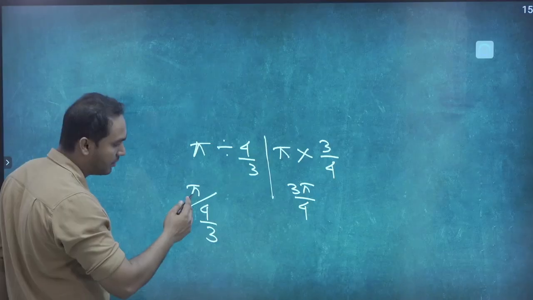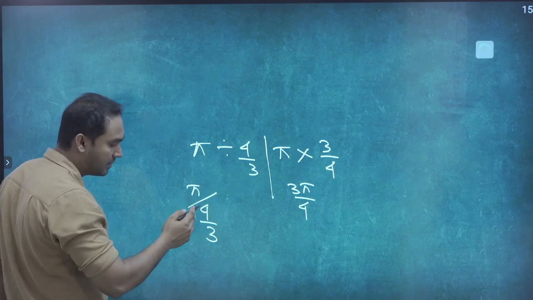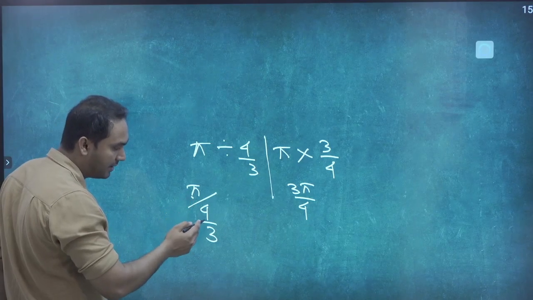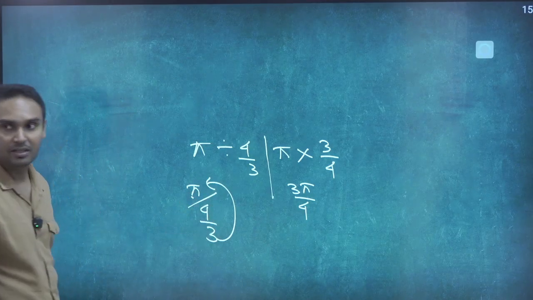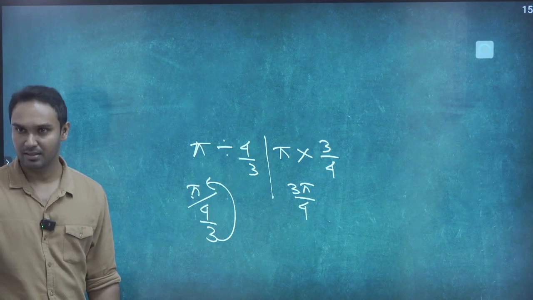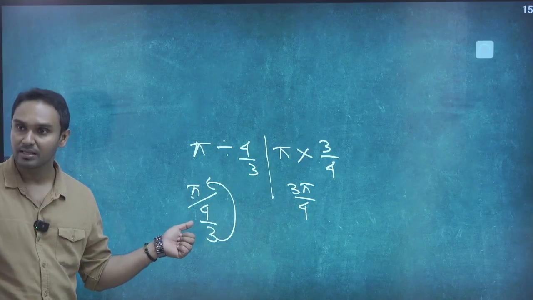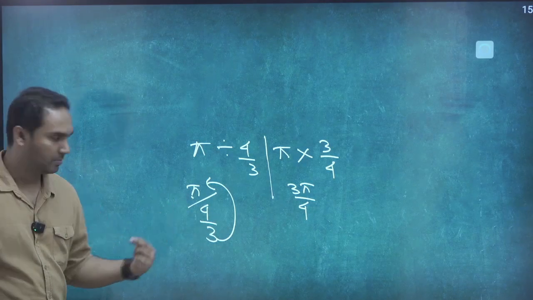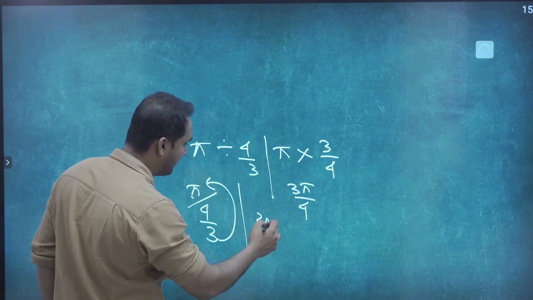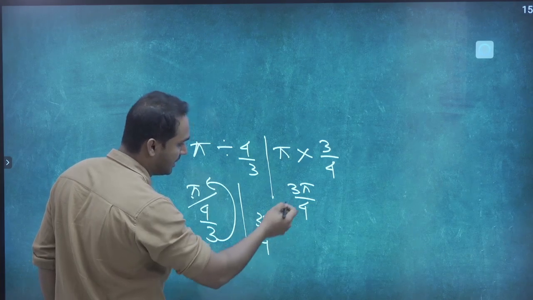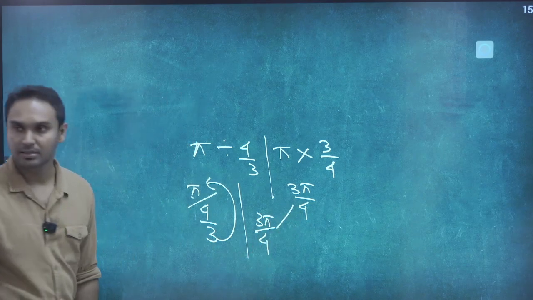Now the values are divided twice, so the bottom value will come to the top. Remember it, right? If the value is divided twice, the bottom value comes to the top. So that means the value will be 3π over 4. It's the same, right?